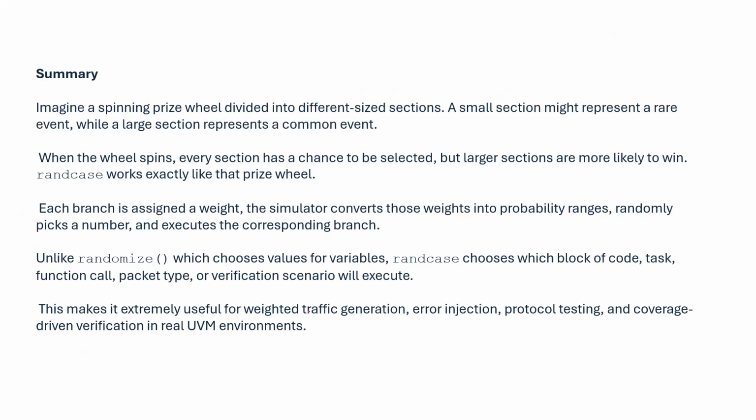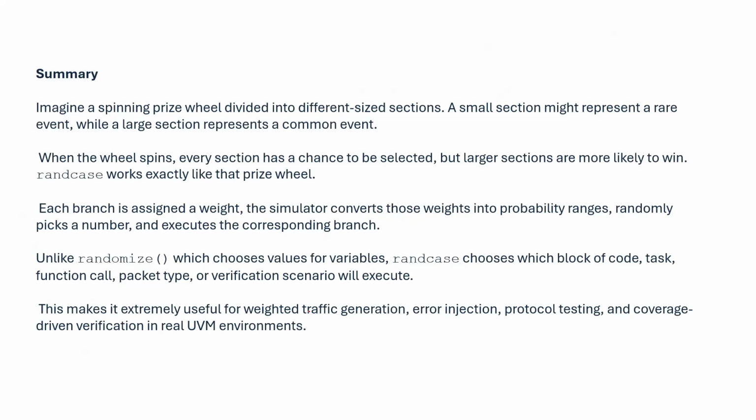See this summary. When the wheel spins, every selection gets a chance to be selected, but larger selections are more likely to win. In the same way, rand case works exactly like a prize wheel. In a prize wheel, if one number is repeated more times, there is a better chance of getting that number at the output side.